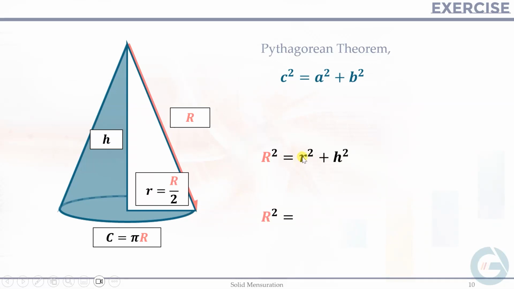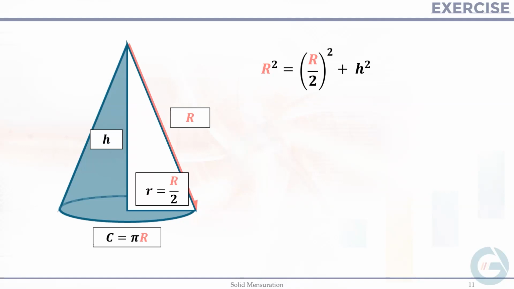Take note, your lowercase r is equivalent to R over 2. Let's substitute that value: R squared equals (R over 2) squared plus h squared. Then let's square this term: R squared equals R squared over 4 plus h squared.